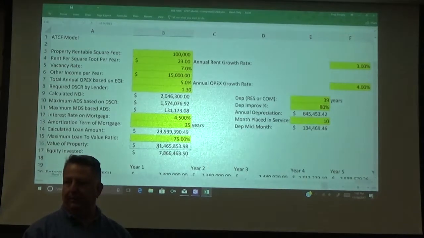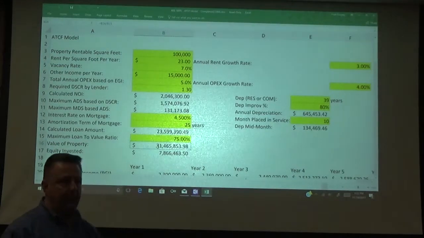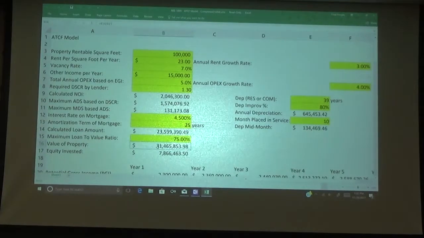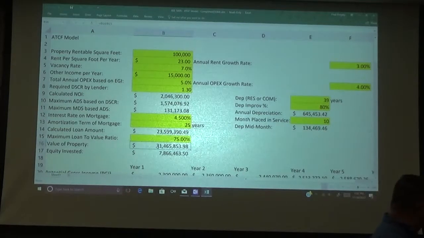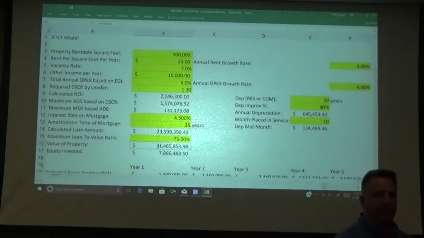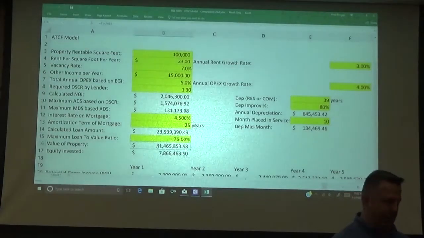Does that make sense? 2.5 months out of 12. There are 12 months in a year, and if I place it into service in October, I'm getting 2.5 months of depreciation for income tax purposes.